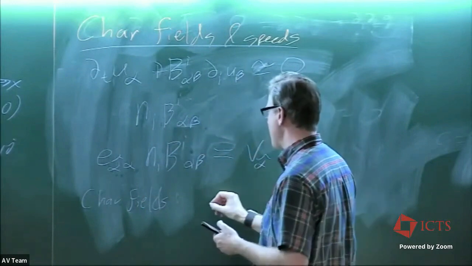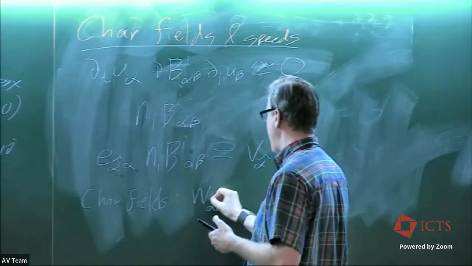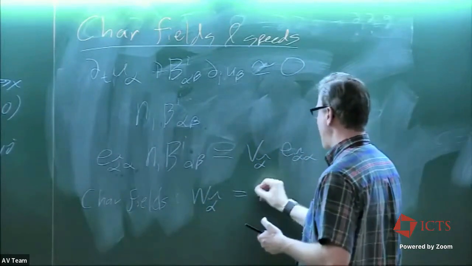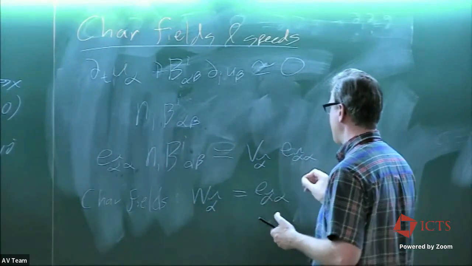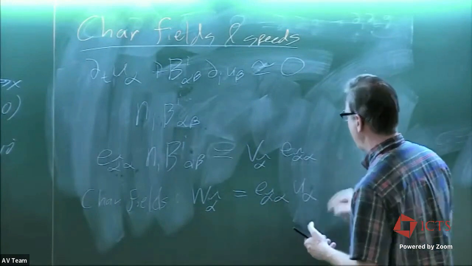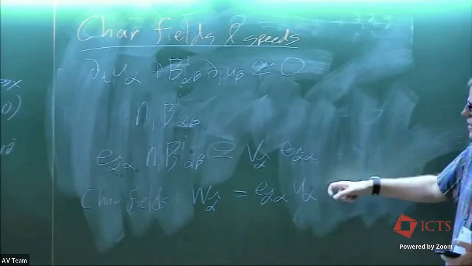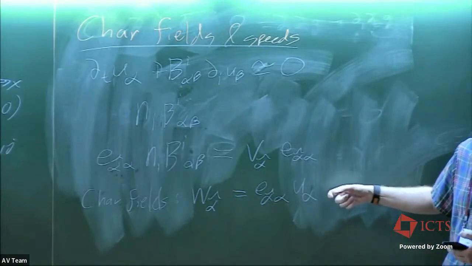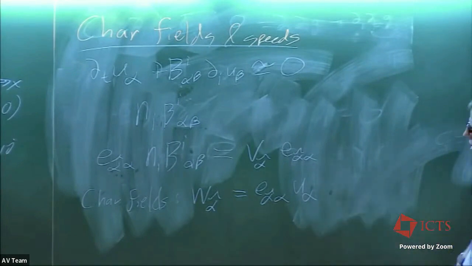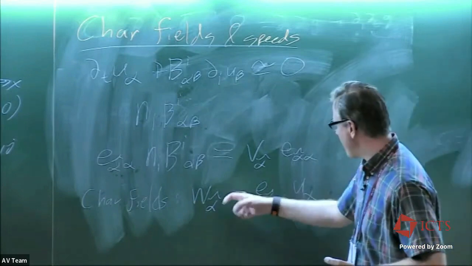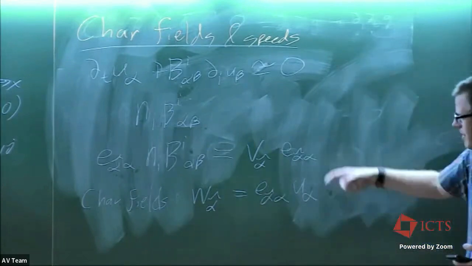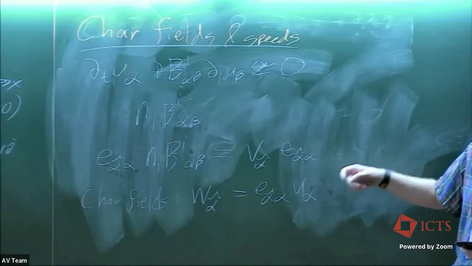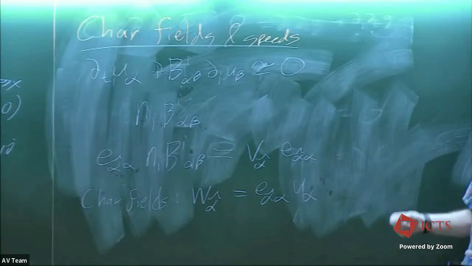They turn out to be W alpha hat, one per eigenvector, equal to the eigenvector alpha times U alpha. Remember, alpha tells you which variable you have, psi or pi or phi X or phi Y or phi Z. Each eigenvector is some linear combination of those variables. Those are the fields that you care about.